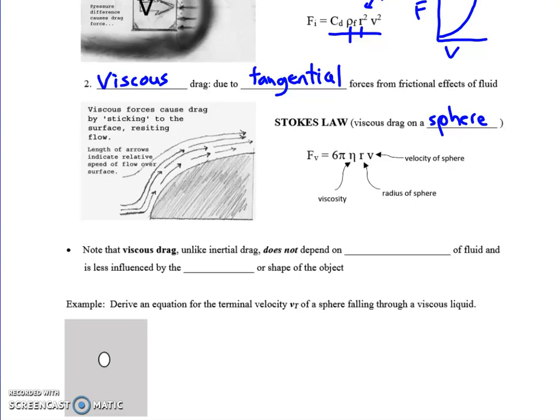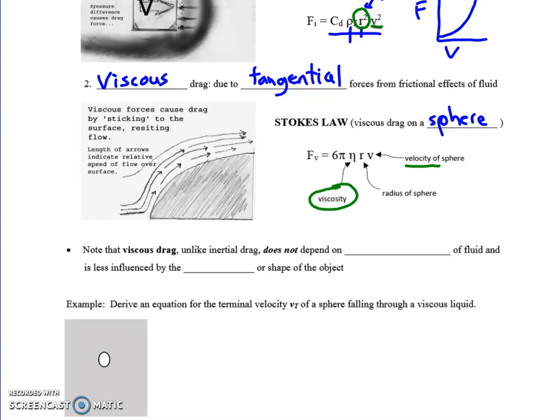So the three parameters that matter, and what distinguishes this from inertial, is that it depends on the viscosity of the fluid, not its density. Certainly it depends on the size of the object. That would kind of make sense. But notice in inertial, it goes by the square of the size of the object, where this is just by the first power. That's important. And this goes by the velocity of the sphere: the faster it goes, the more force we expect. We know that.